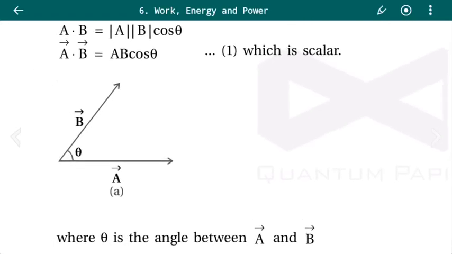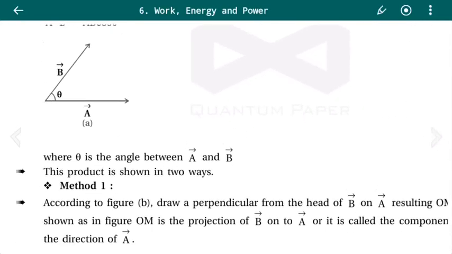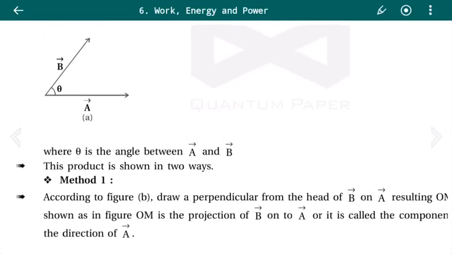This is the scalar product, where theta is the angle between vector A and vector B.